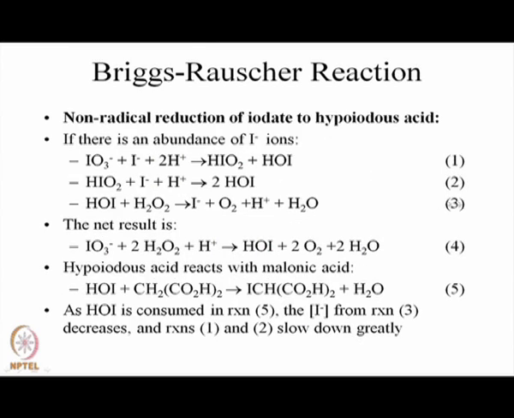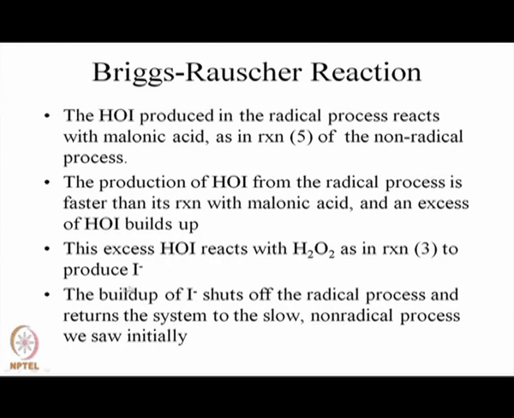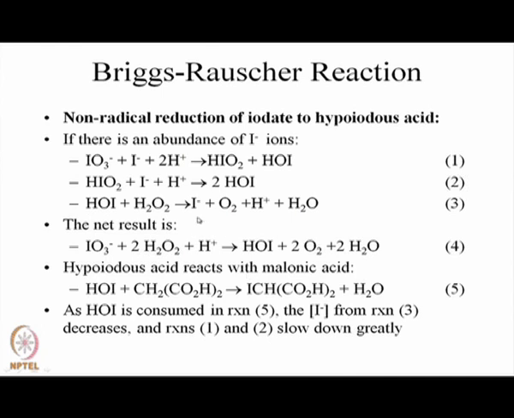Since it is increasing, the third step is again promoted, and iodide is produced. So the build up of I- shifts off the radical process and returns the system to the slow non-radical process, as we have seen initially. As I- is more, because in step 3 this I- is again generated, when an abundance of I- is there, these steps are predominating.